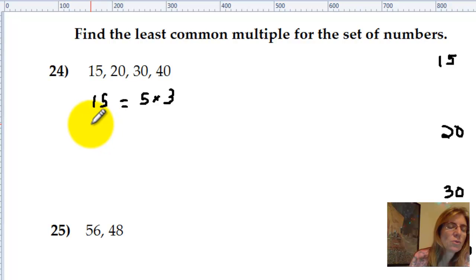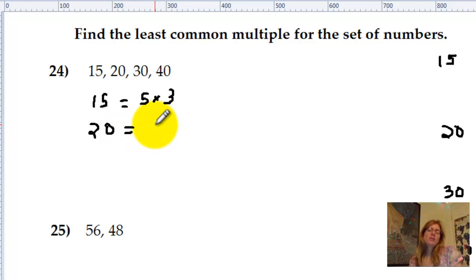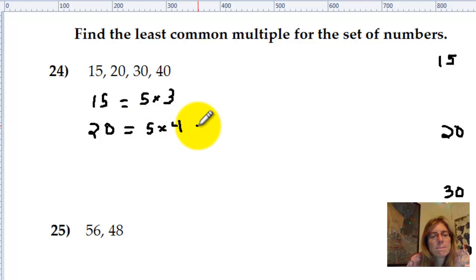The prime factorization of 20 is a little trickier. I have found there's a shortcut for everything. And instead of making trees and cakes and all of that, when you have these easier numbers to work with, you take two multiples that you know, 5 times 4, let's say, and you say, okay, 5 is prime, I'll keep that one.